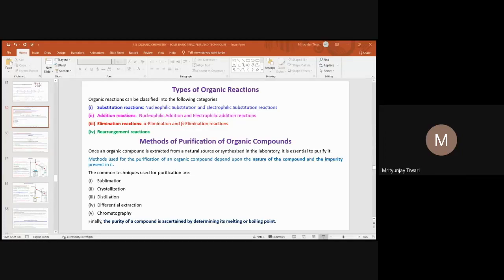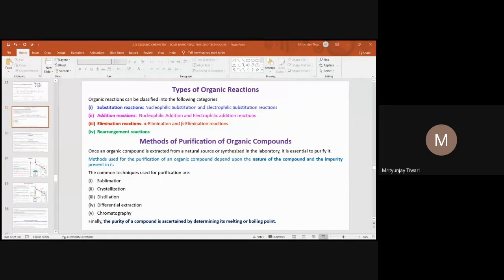What happens is, we take the reaction mixture and heat it, and this thermometer is there just to control the temperature, and how much heat should be provided, to control the flame. The organic liquid whose boiling point is higher will have a lower vapor pressure, and the one with the lower boiling point will have a higher vapor pressure.